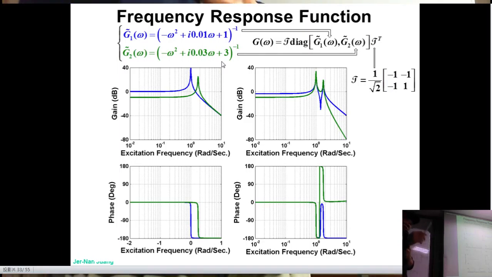It's nothing but adding more modes. For n degrees of freedom, in addition to the blue line and green line, you have another purple line or some black line, whatever, like that. That's all. It's very simple.